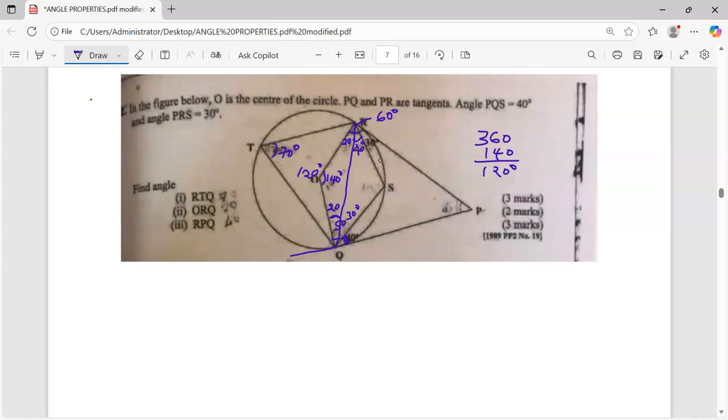And if this angle is 120, then the angle at this point is going to be obtained by simply taking 40 plus 30, which is 70. This angle is going to be 110 degrees.